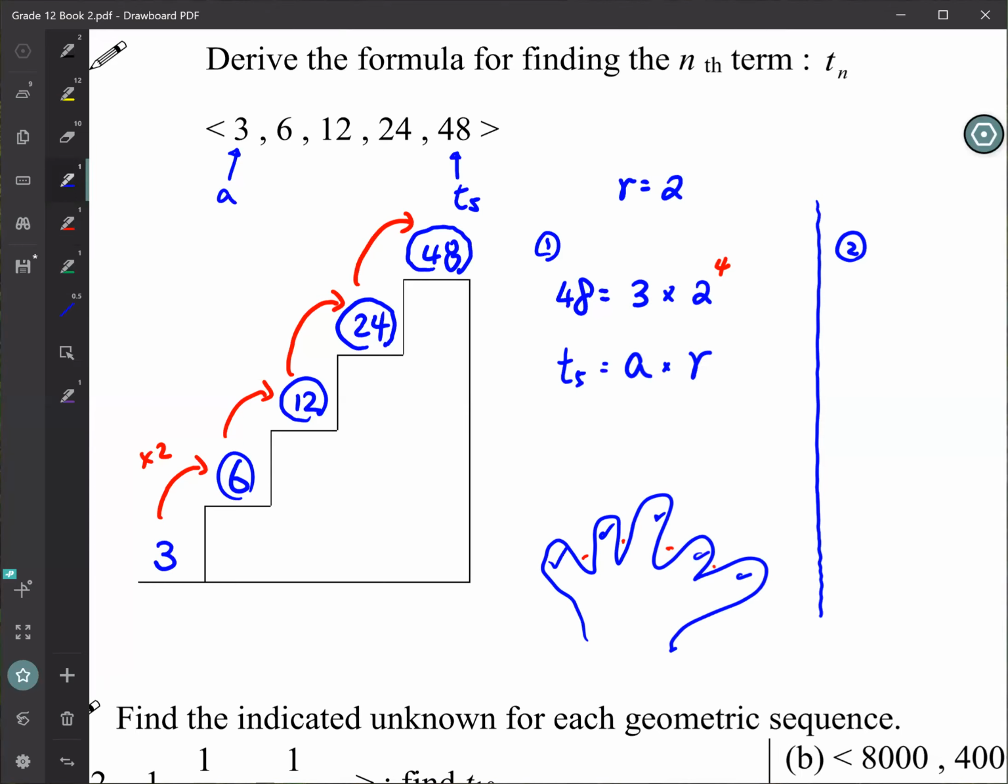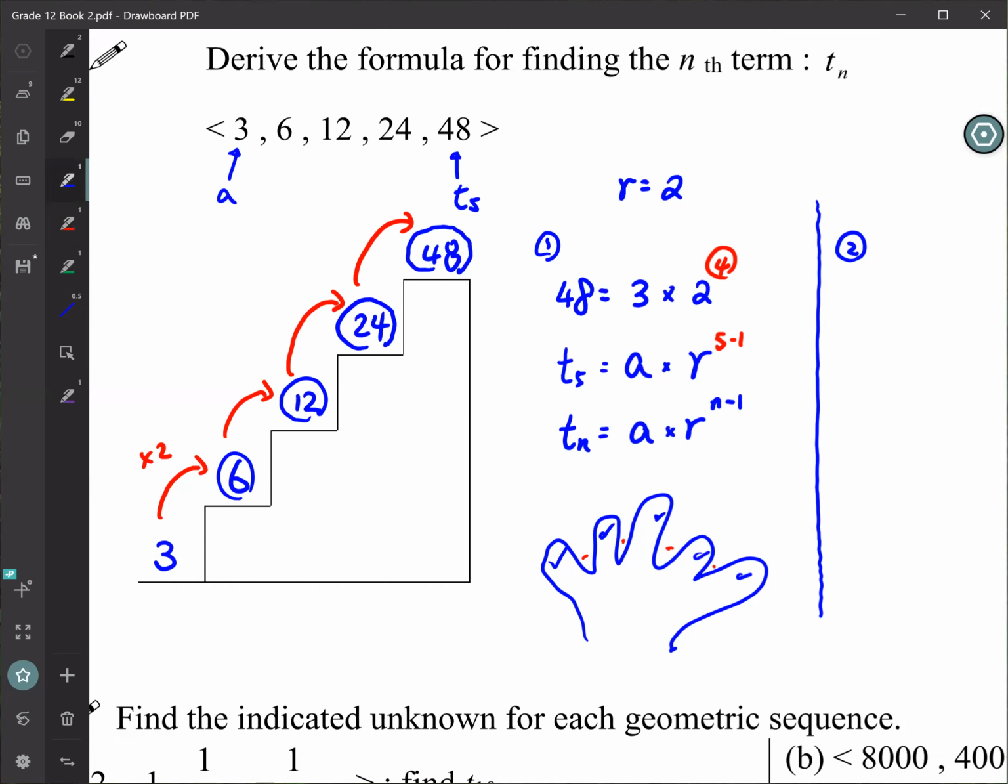So the reason why you got an exponent of 4 is because there are 5 terms in total and you subtract 1. Okay? So that's why it's 1 less. It's talking about the spaces. So in general, if I want to find Tn, the general term, it'll be A times R to the n minus 1.